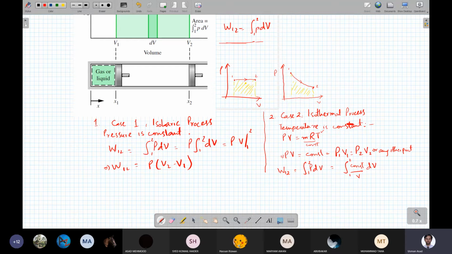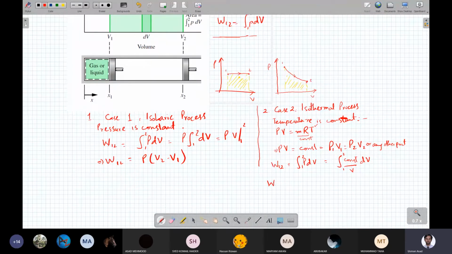If you have an integral over some area or volume or distance or whatever variable, then every other term you have, you have to write in terms of that variable. Okay? So that variable is V.